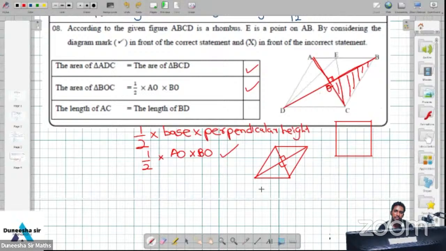Is it? වෙනවද එහෙම? Can you see it? Length of BD වලට equal වෙනවද? No. Okay. Let's cross. If you finish, raise hand now.